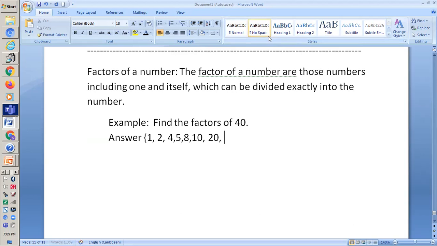Correct. And itself, which is 40. Awesome.